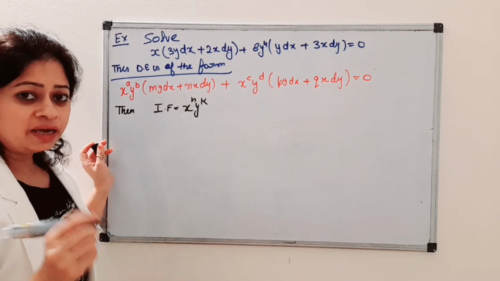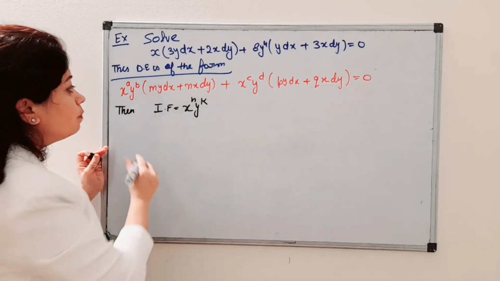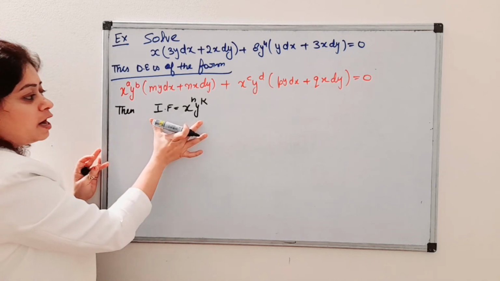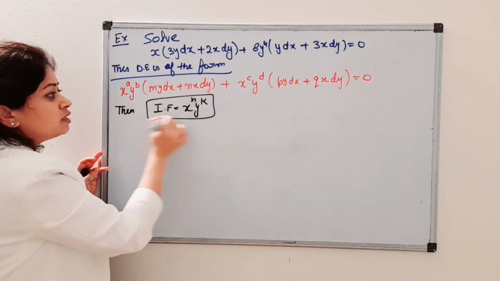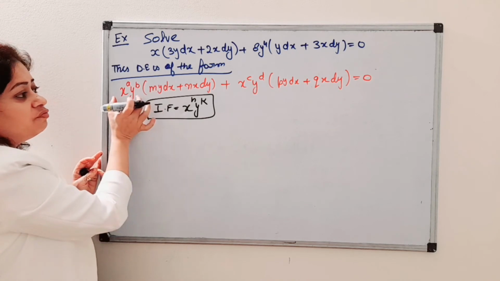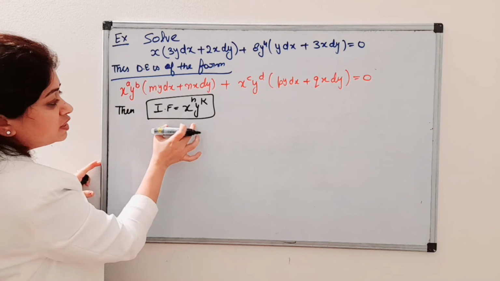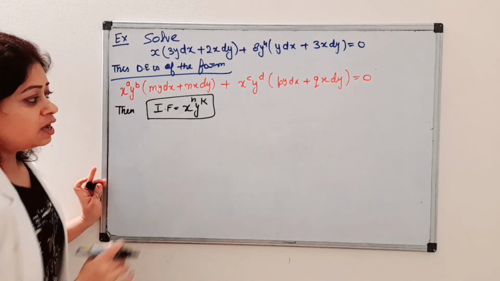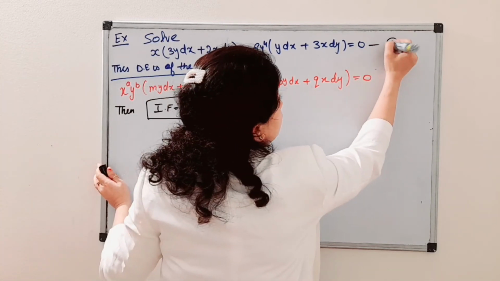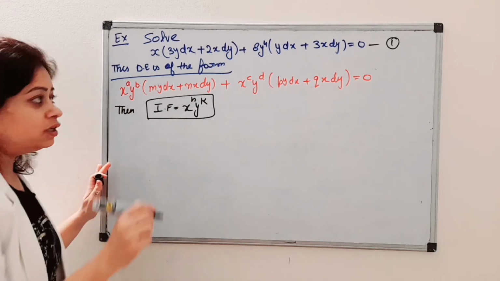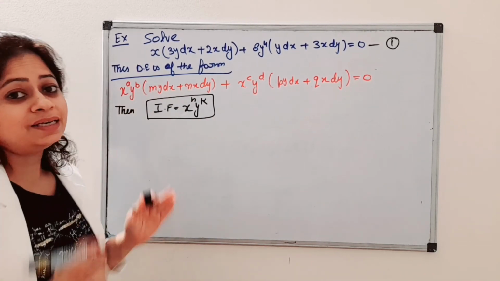How will we find h and k? We will see that now. Now if this is the integrating factor, you know that multiplying the integrating factor with the differential equation makes it exact.